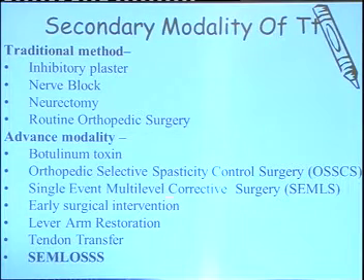Then you have single event multi-level corrective surgery. Earlier surgical intervention is necessary to restore the lever arm and tendon transfer. And there is SEMLOS, which is a combination of these: single event multi-level orthopedic spastic stabilization surgery.